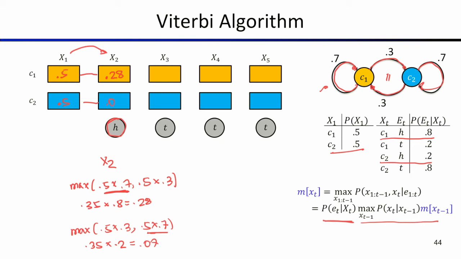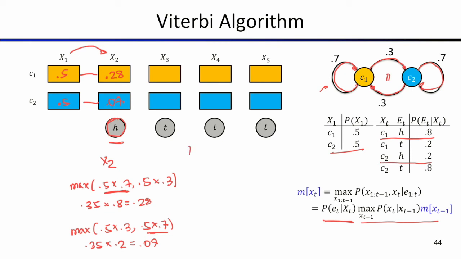So 0.07 goes here. So basically what this is saying is that if we have just one step of this game and we have observed heads in the only iteration of the game, we would say that it's more likely that the person took from the bag the coin C1, decided to keep it, and flipped the coin, and we saw the head.